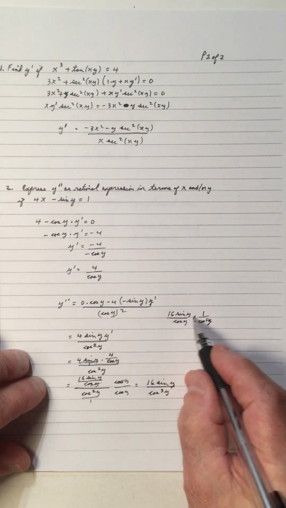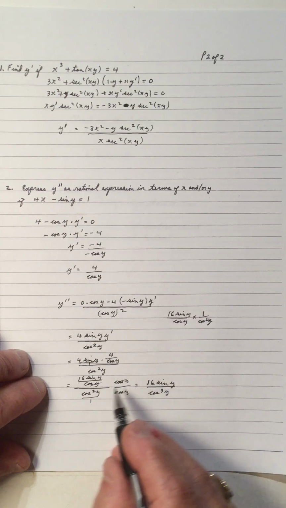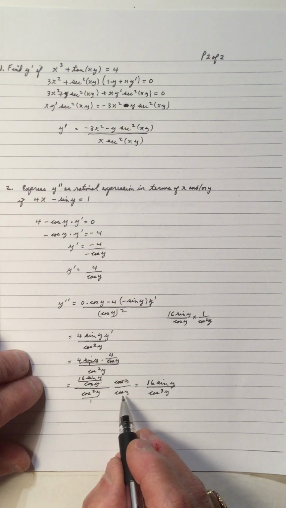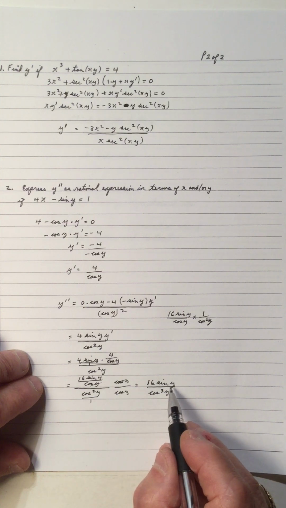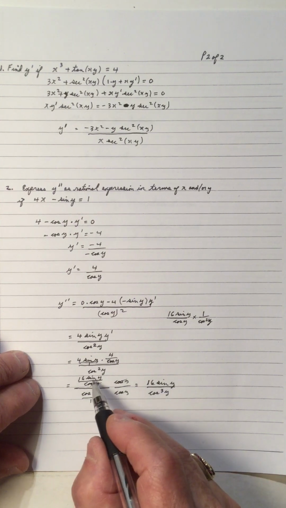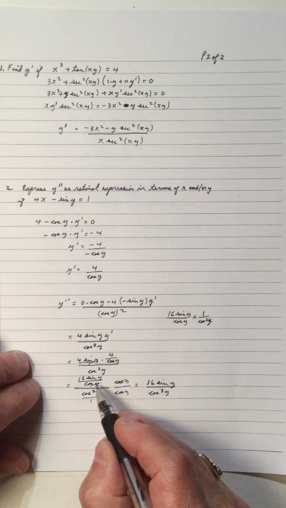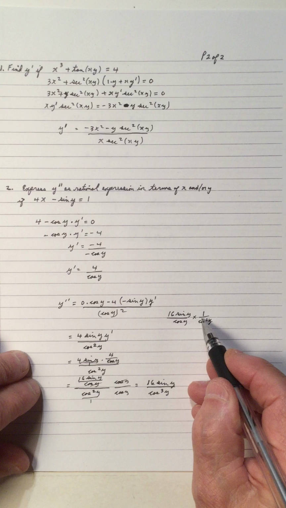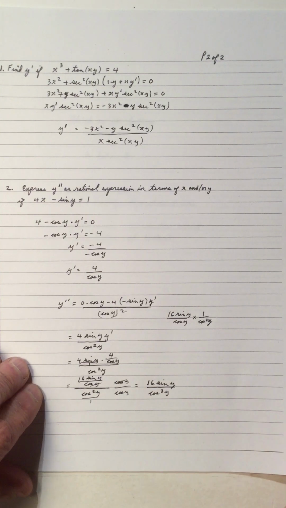When you multiply this out, you get this. So there are two ways. You can multiply by cos y over cos y, and the fractions are gone. This is a complex fraction, a fraction in a fraction. Or you could take the numerator and multiply by the reciprocal at the bottom. Your choice, but you'll still get the same answer.